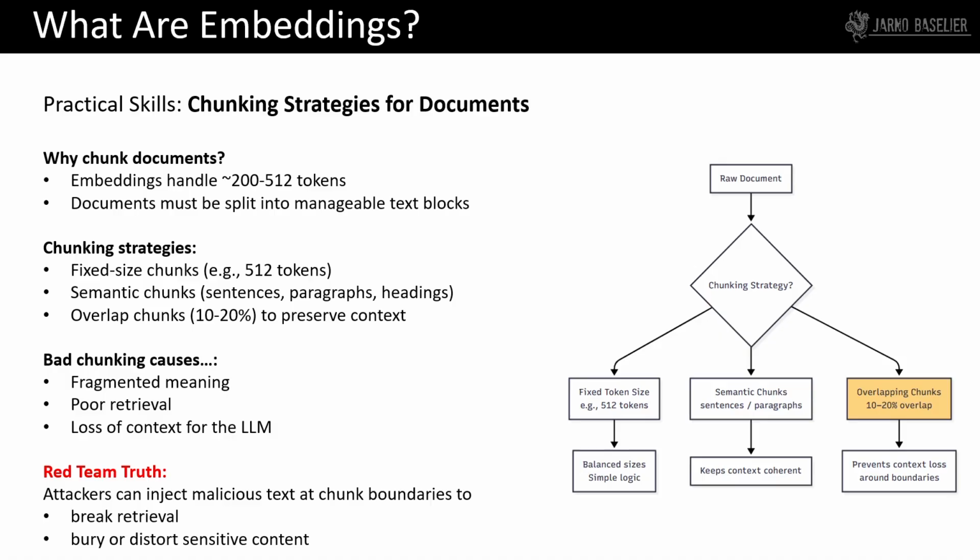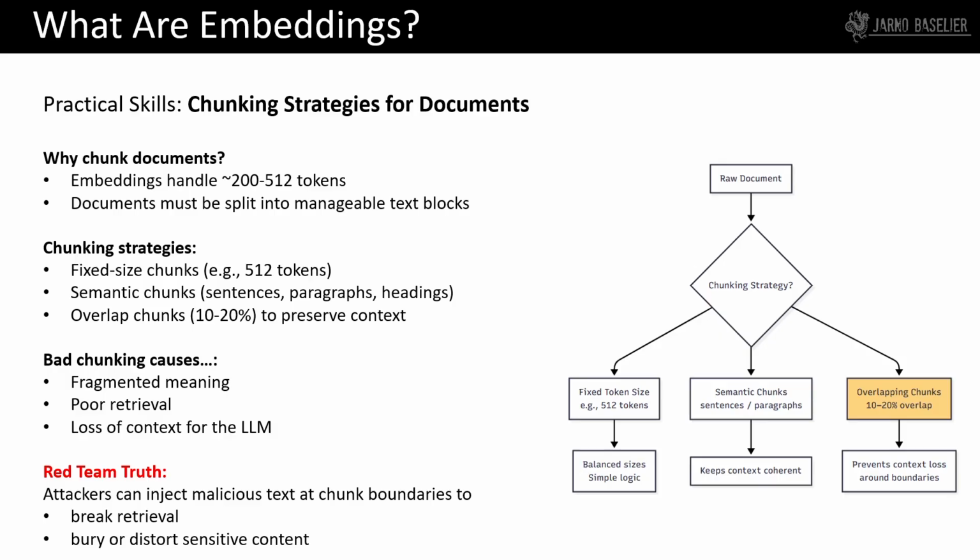Bad chunking causes fragmented meaning, poor retrieval, and the loss of context for an LLM. If we see this, then we are doing something wrong and we need to change our way of chunking. In the graph, we have a raw document. We will choose a chunking strategy, for instance, the fixed token size with 512 tokens, and this gives us balanced sizes and simple logic.